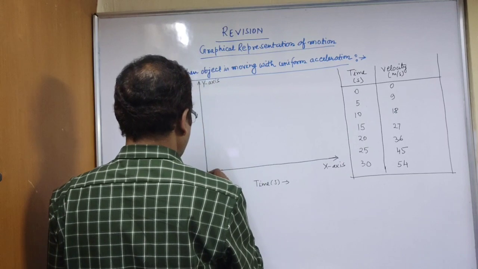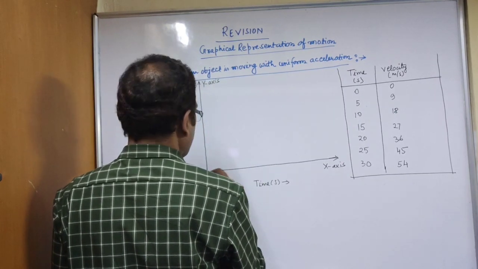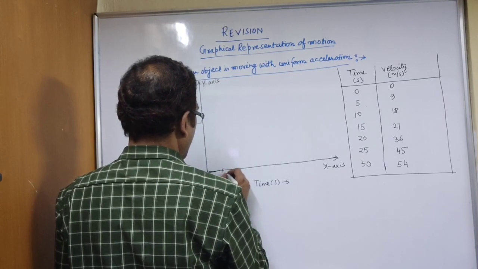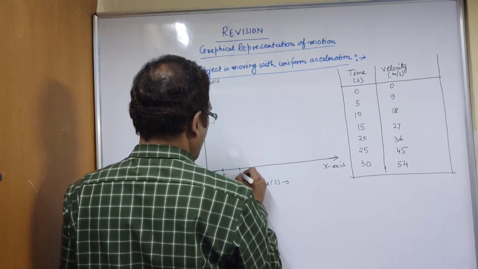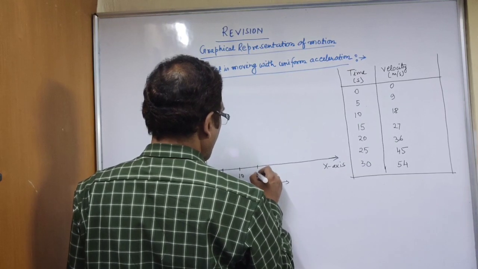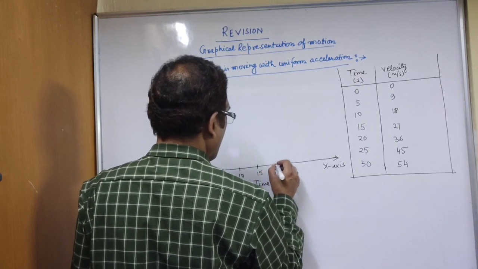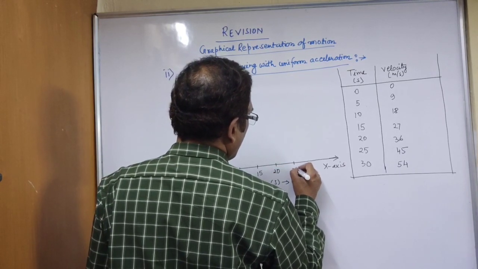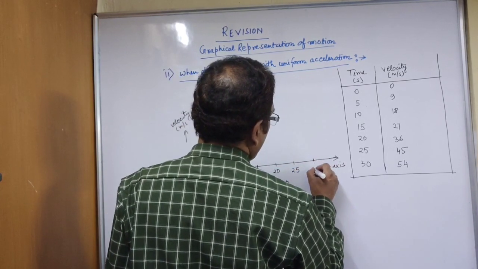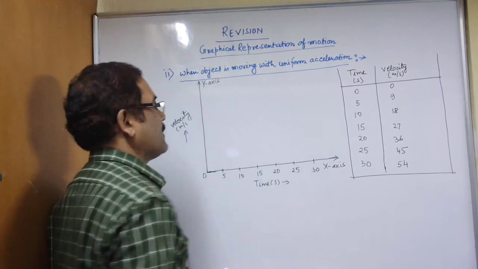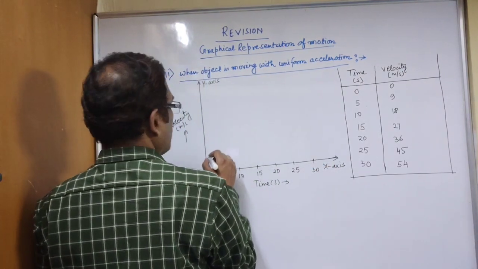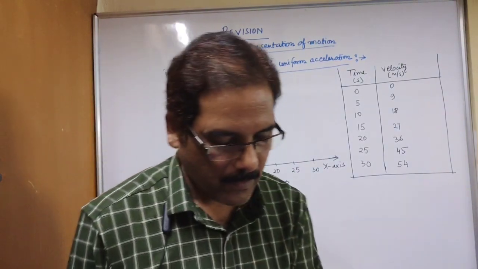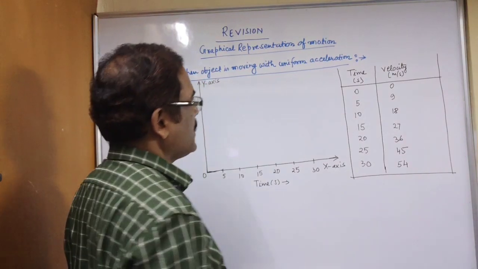So mark the time 0, velocity is also 0. This is 5, 10, 15, 20, 25, 30, and so on. And on this side you take the velocity.